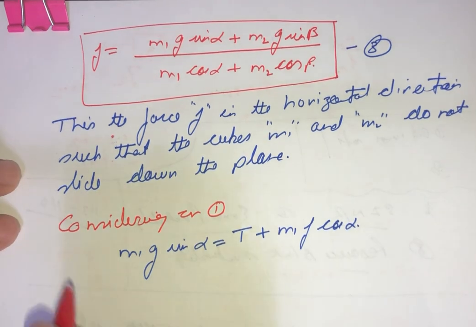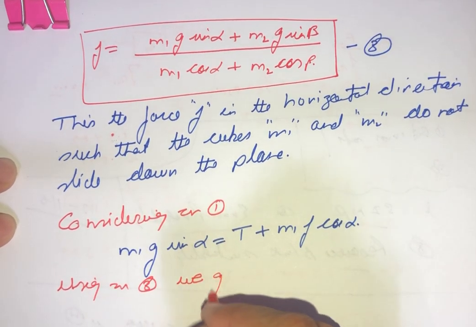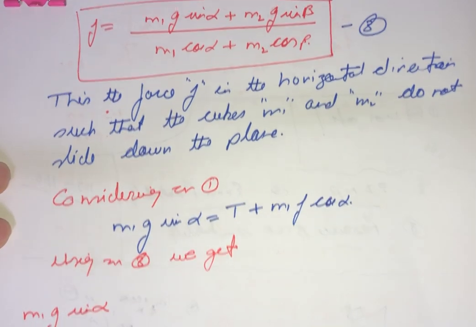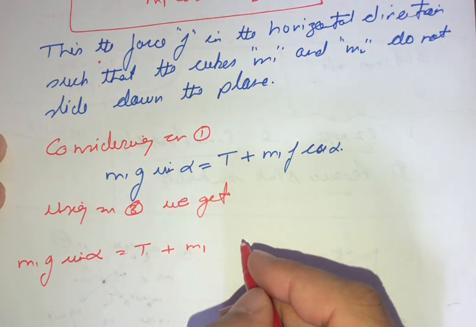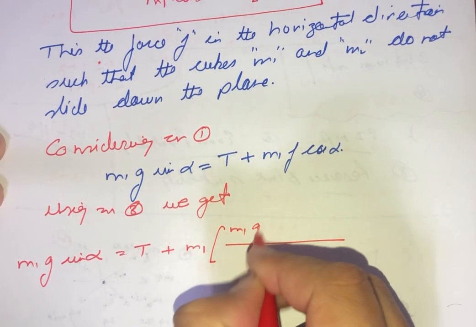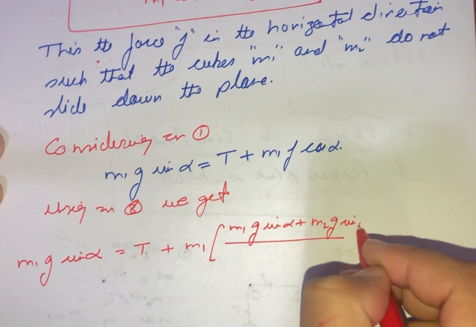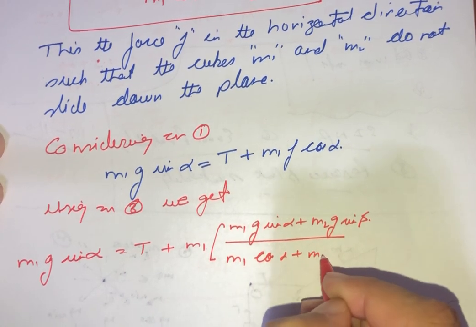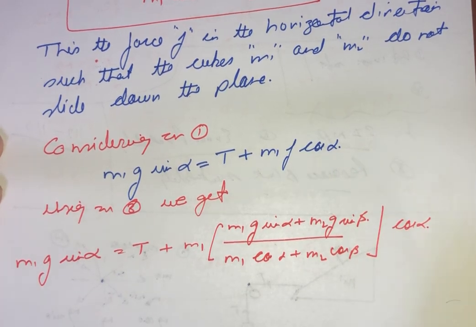So using equation 3, we get m1g sin alpha is equal to T plus m1 times the value of F, which is (m1g sin alpha plus m2g sin beta) divided by (m1 cos alpha plus m2 cos beta), and the whole big bracket multiplied by cos of alpha.